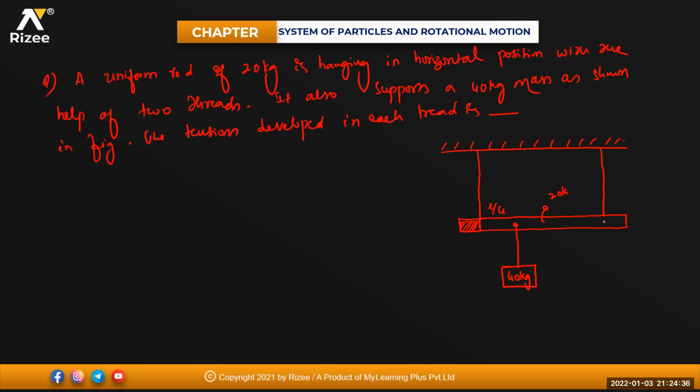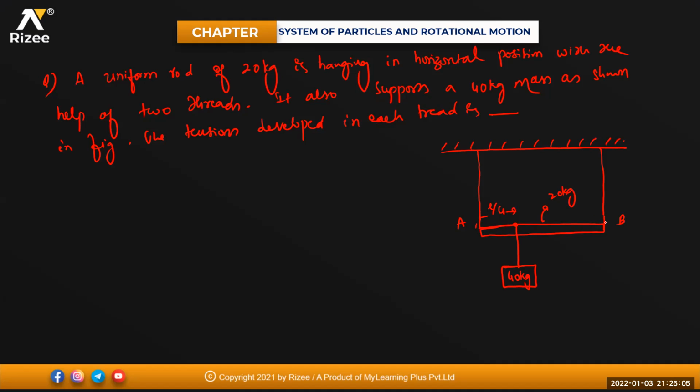So I'll fix it right now here itself. Something like this. This distance is here L by 4. This is your 20 kg. This is your point A and this one is point B.